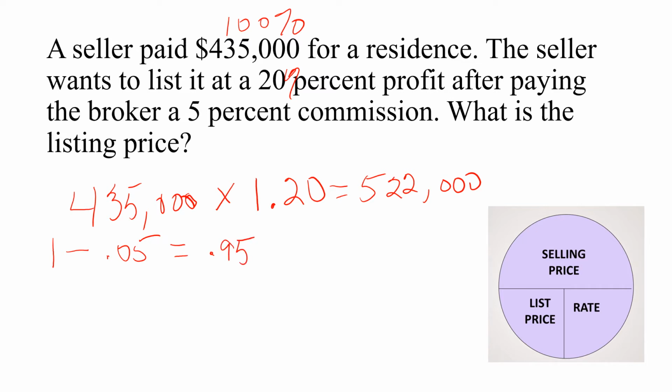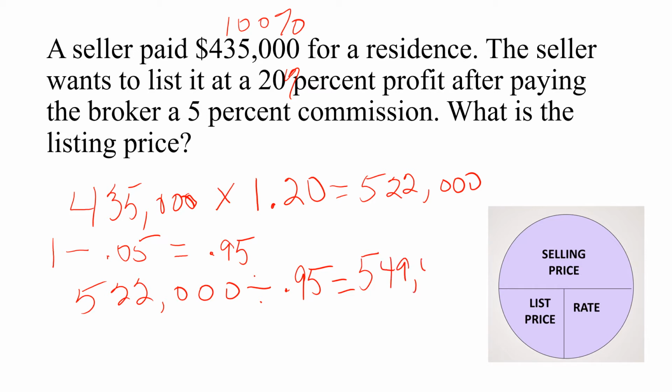So in order to increase this 522 by another 5%, we take the 522 and we divide it by 0.95, which gives us, or I'm going to round this number to 549,474, and that is my answer.